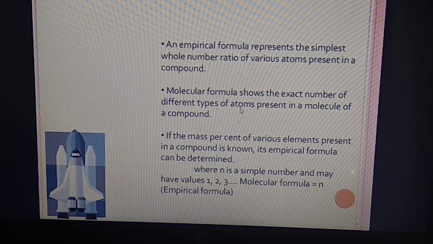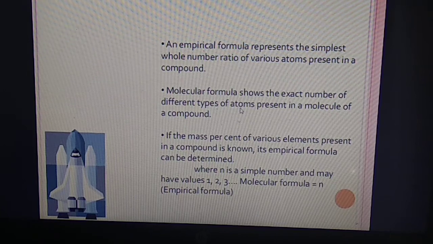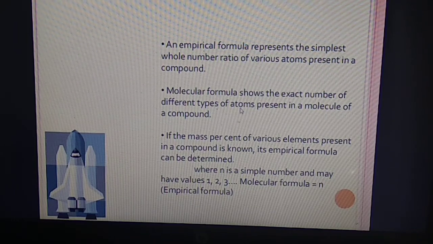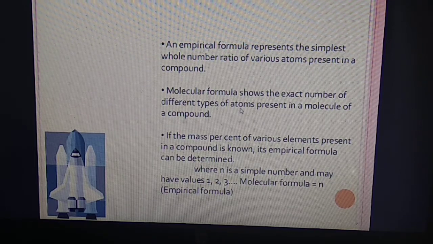What is empirical formula? Empirical formula represents the simplest whole number ratio of various atoms present in a compound. If I take the example of water, students, what is the formula of water? Yes, absolutely correct, H2O. What is the formula of hydrogen peroxide? Yes, absolutely correct, H2O2. In both these two compounds, two elements are present, hydrogen and oxygen.